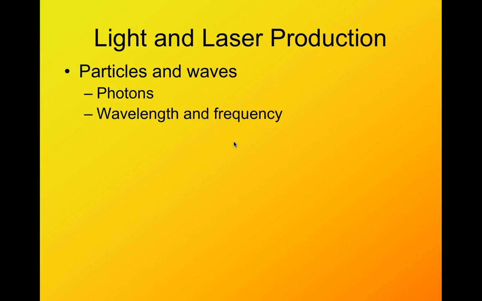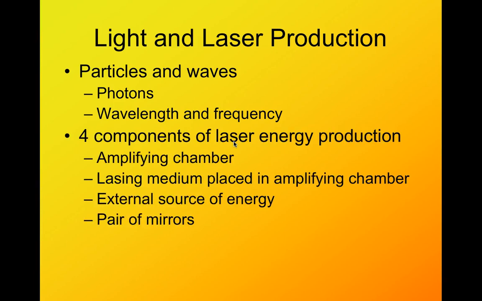When we talk about composing a laser, there are four areas that you would need to have. You need an amplifying chamber, which is the tube of the laser, if you will. Inside that amplifying chamber, there needs to be the lasing medium or the active medium. That medium can be a gas, a liquid, a crystal, just like our ultrasound, a chemical, or a semiconductor.